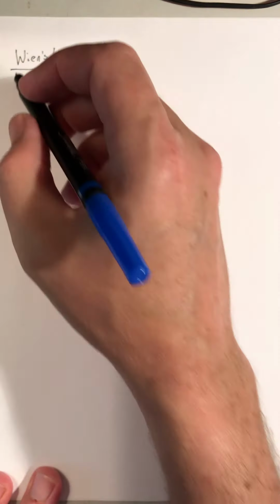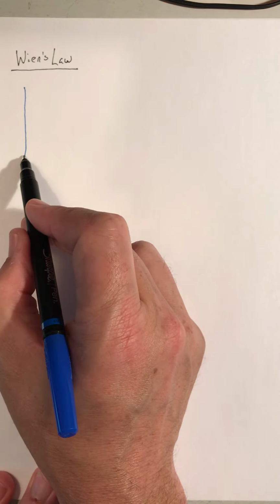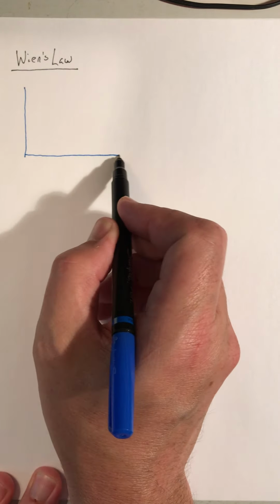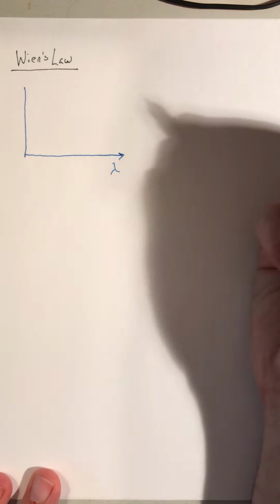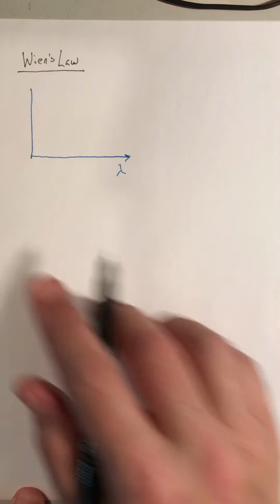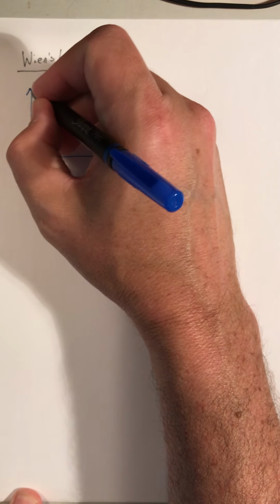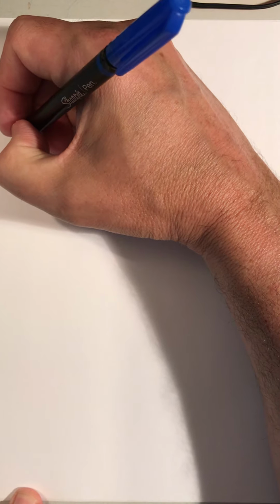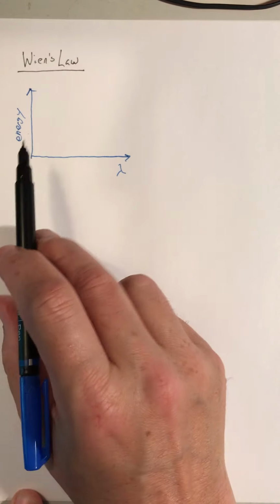So if you look at the thermal radiation that's coming off from some object, on the horizontal axis this is going to be plotted versus wavelength, lambda, and on this axis, I'm going to be a little fuzzy about this. I'm just going to call it energy.